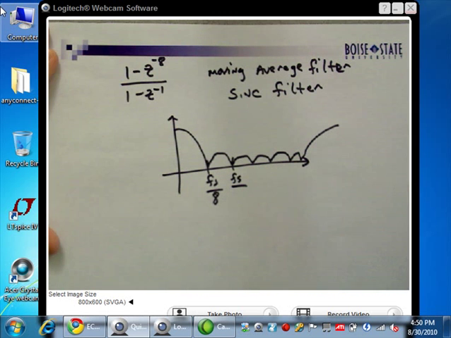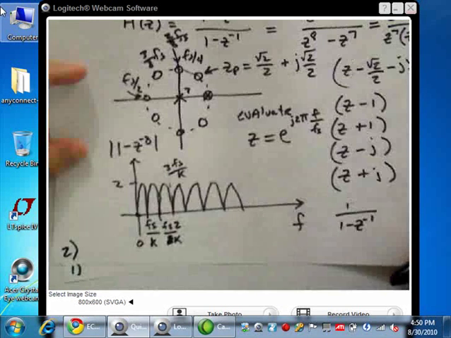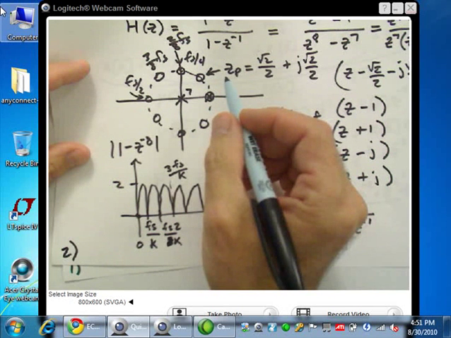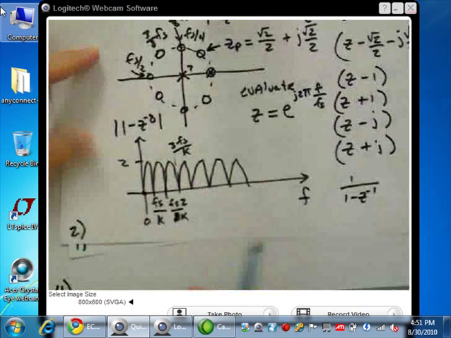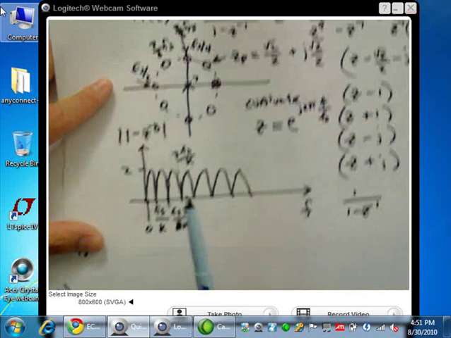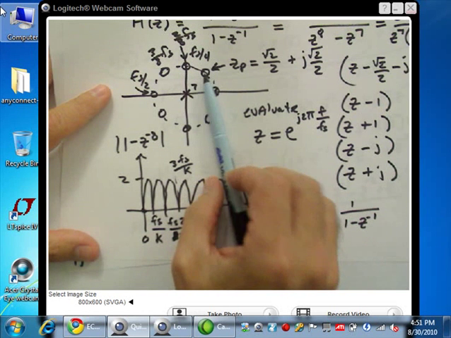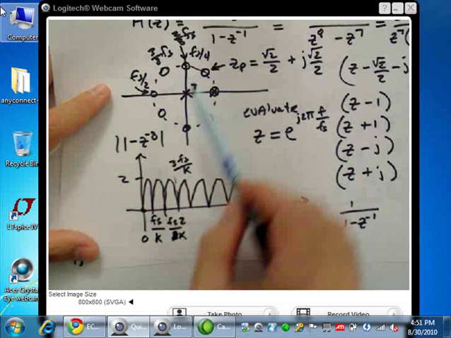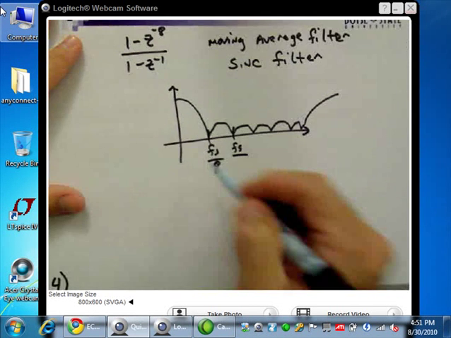Well, wait a sec. Now, do I have a mistake here then? So this is Fs. This is Fs over 4. This would be Fs over 8. Oh, did I? Oh, I don't have any mistake. I was one off.